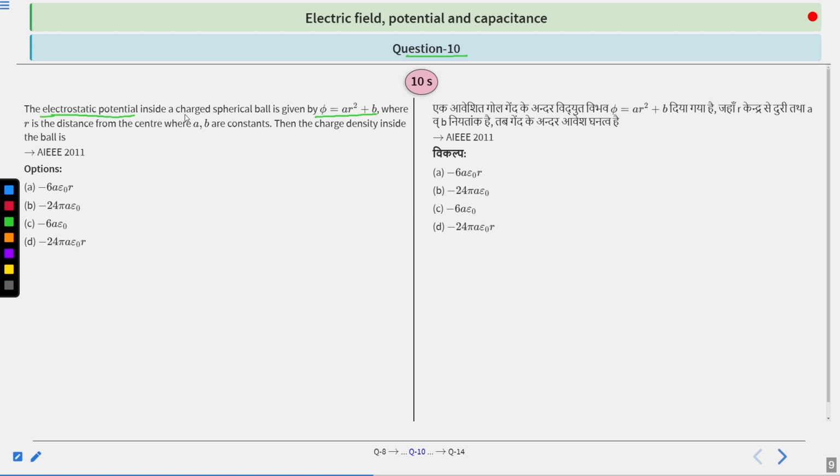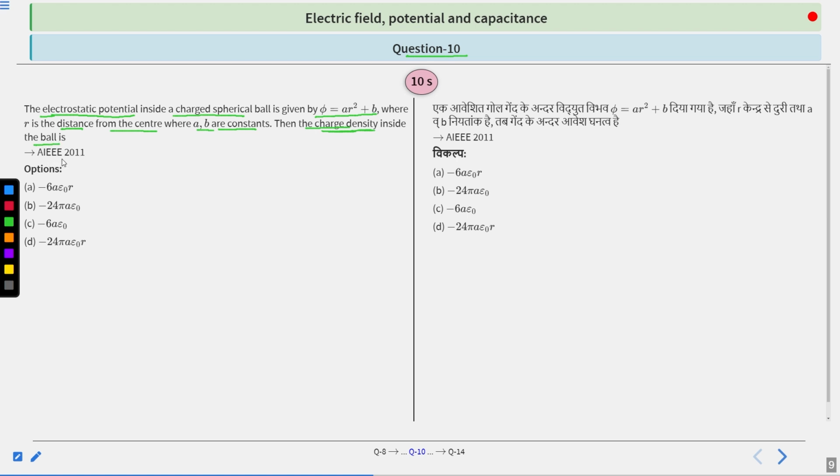And inside the charged spherical ball, that is given phi equal to Ar square plus B, where r is the distance from the center of the charged spherical ball, where A, B are constants. Then the charge density inside the ball is what? So this question asks about what will be the charge density. Clear? Charge density inside the ball.